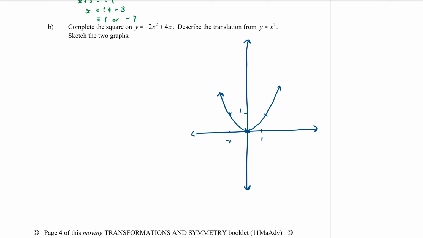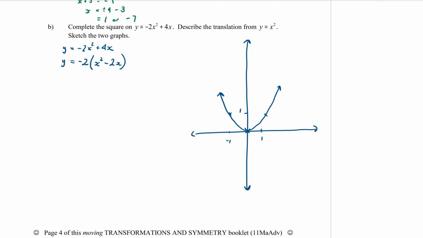Then, for the second equation, we had y equals minus 2x squared plus 4x. To complete the square, we don't like to have a number in front of our x squared. So let's factorize out a minus 2, giving x squared. When I do 4 divided by minus 2, I'll get minus 2x in the bracket.